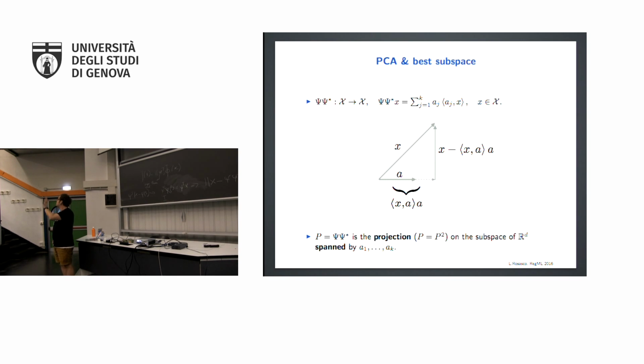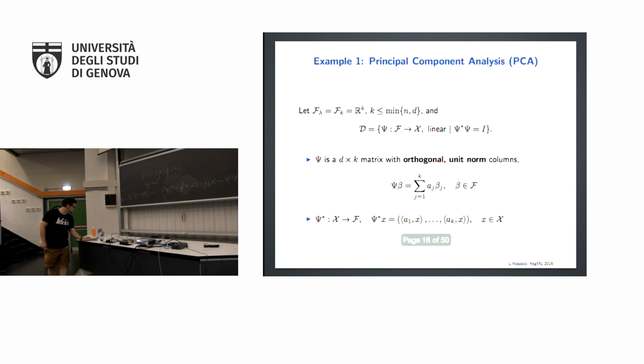Of course, you have two situations here, and I've been somewhat hiding one point, which is important. Here I'm assuming K to be less or equal than D, which means that I might take an orthonormal basis that spans the whole space, or I might take an orthonormal basis that spans a space smaller than the whole space. In that case, it's a proper projection in some lower dimensional space.